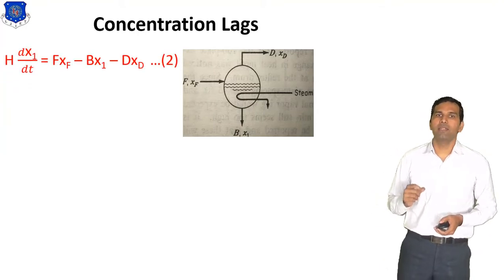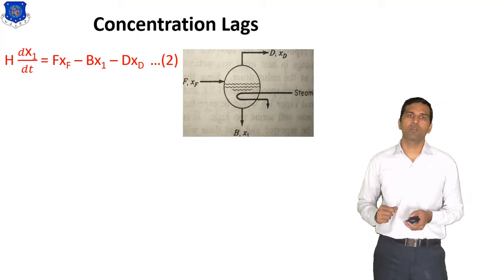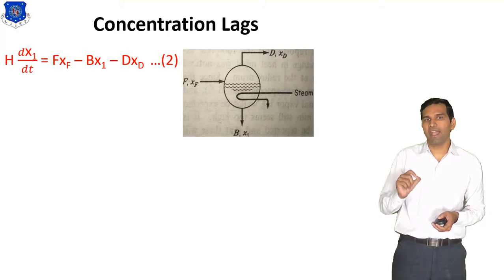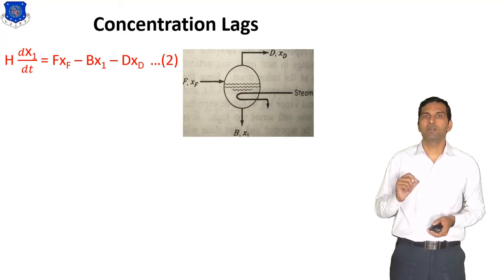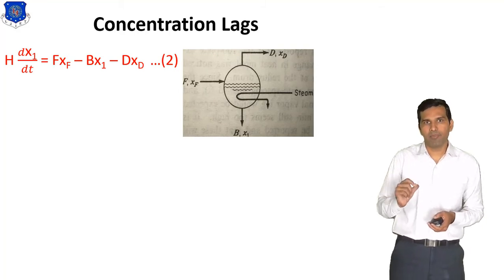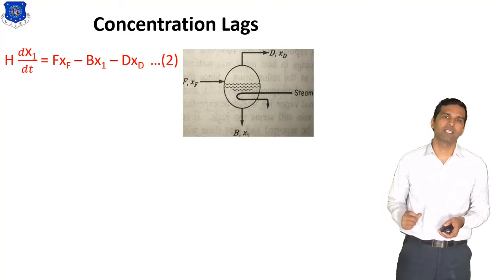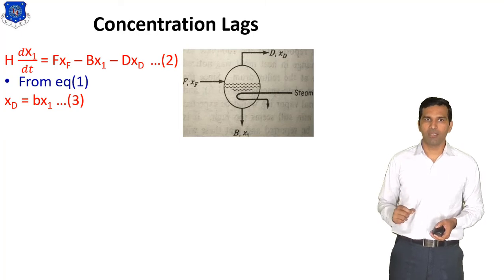Here we can write the equation for this concentration lag as H dx1/dt equals F xf minus b x1 minus D xd.